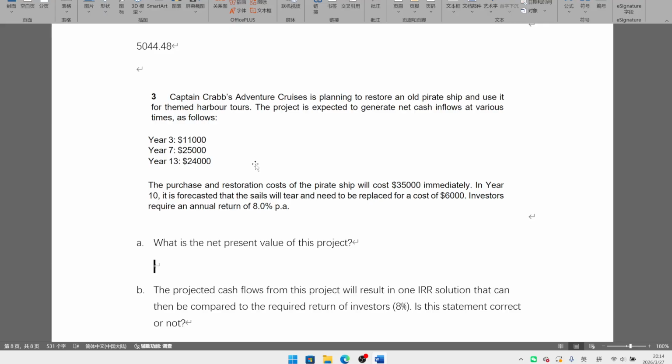Year 7, 25,000. And year 13, 24,000. You purchase the recall of the ship. Well, in year 10, it is forecast that the ship will need to be replaced at a cost of 6,000. The investor requires an annual return of 8%. What is the NPV?